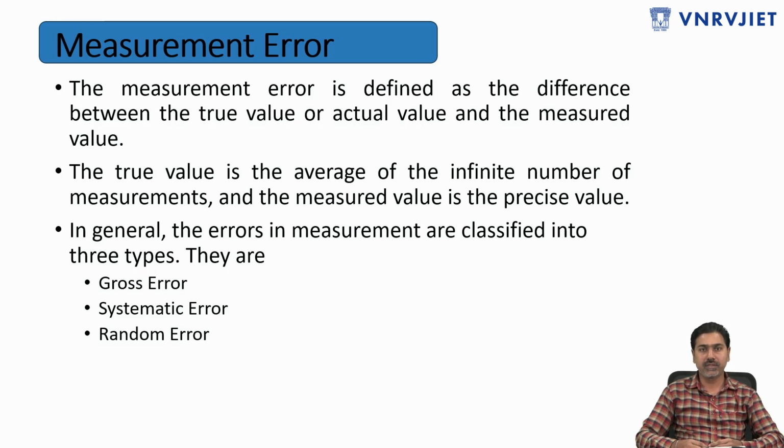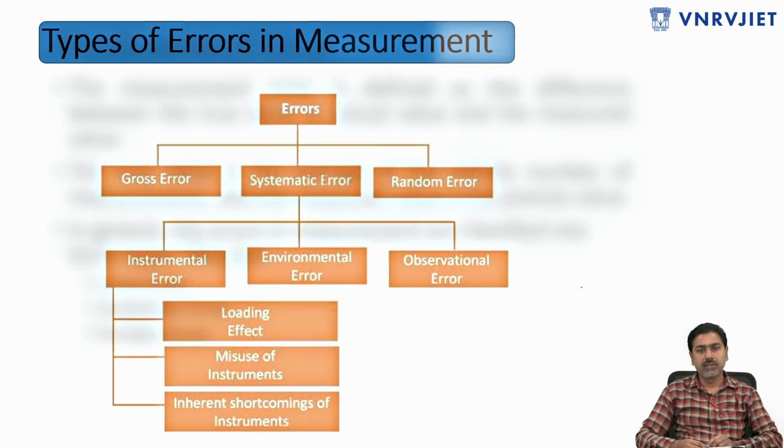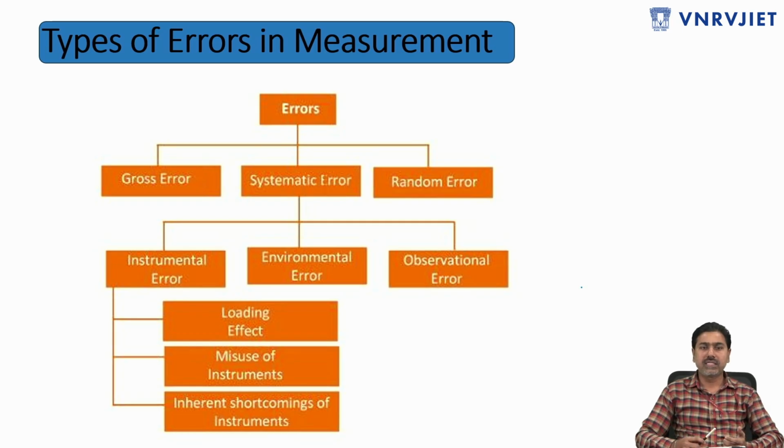So these are the types here given: the gross error, systematic error, and random error. These are the basic types of errors in the measurement. Now we will explain one by one. So this is the tree structure of the errors in measurement. Basically the error is divided into gross errors, systematic error, and random errors as explained.